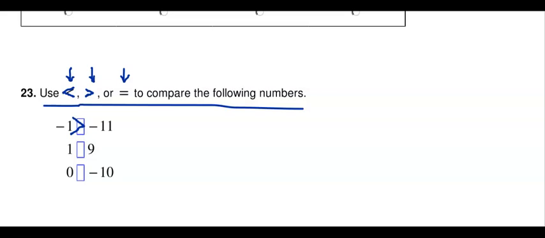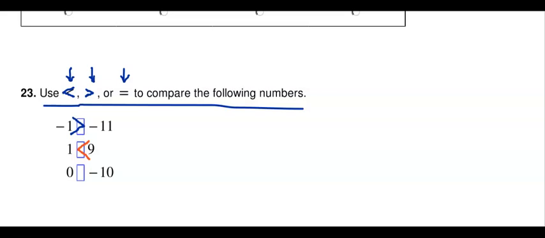All right, so let's look at the next one. We have 1 and 9. Well, this is a little easier because it doesn't have any negatives. So which one's bigger, 1 or 9? Well, the 9 is bigger than the 1, or you can say the 1 is less than 9. And then this next one we have 0 and negative 10. So which one is further to the right on the number line?